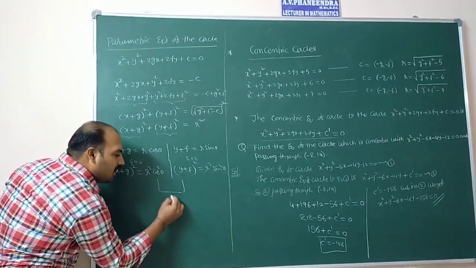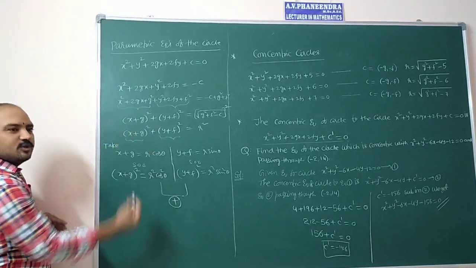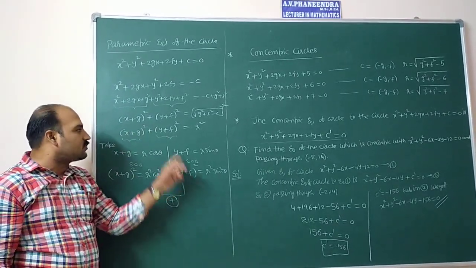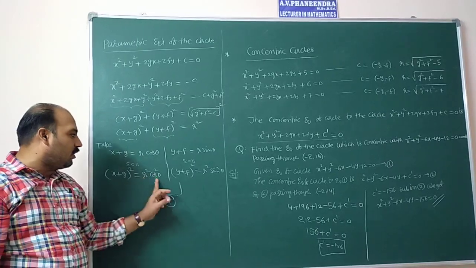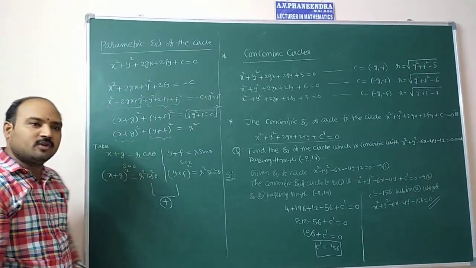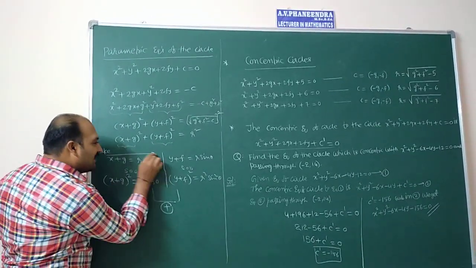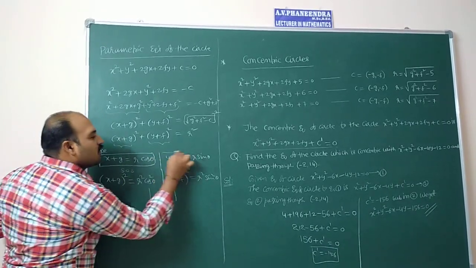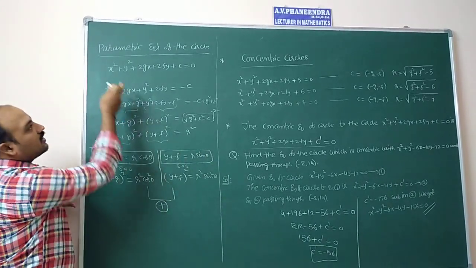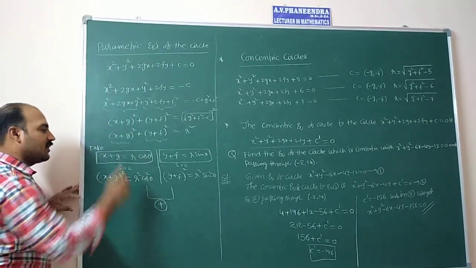If you add both the equations, you get this equation only, no? x plus g whole square plus y plus f whole square equal to r square, taking r square common, since cos square theta plus sin square theta equal to 1. So now onwards, these equations are called the parametric equations of the general equation of circle.